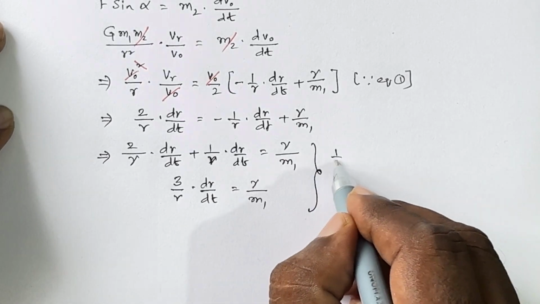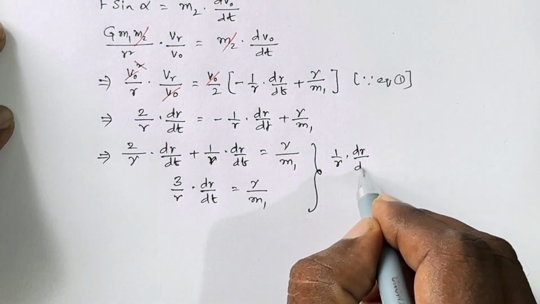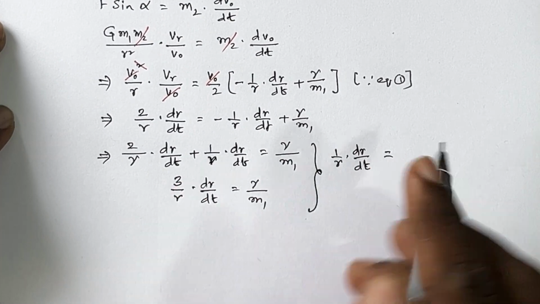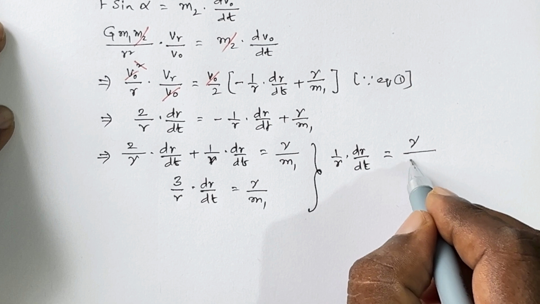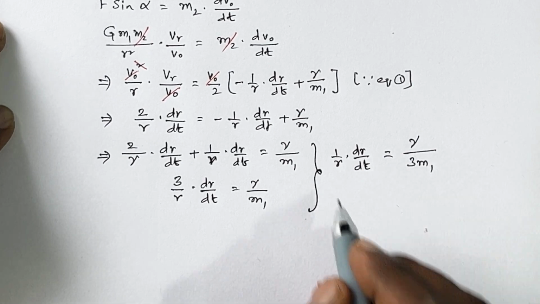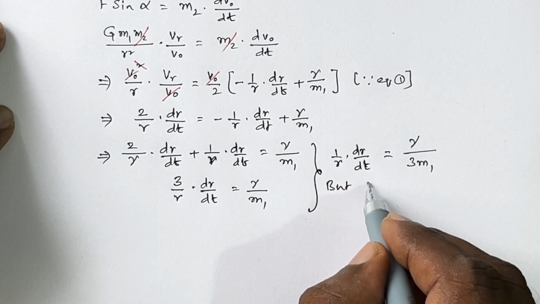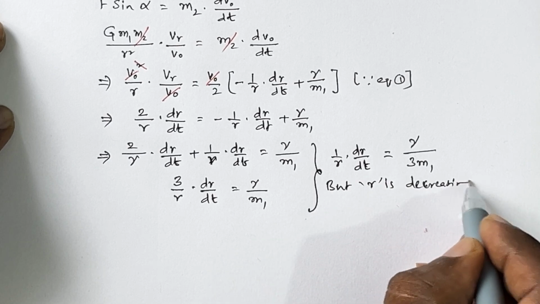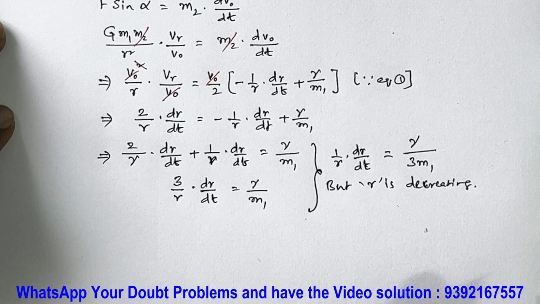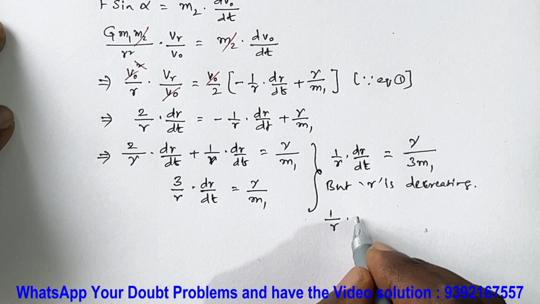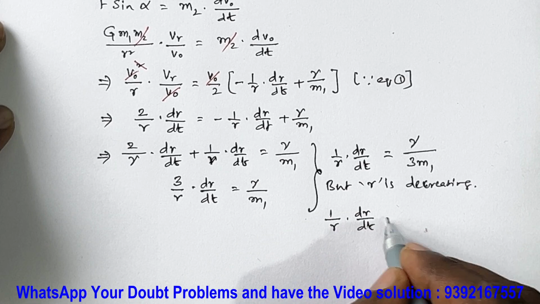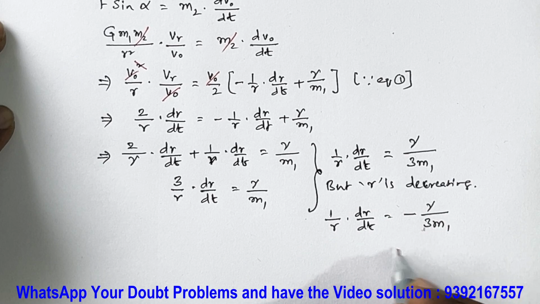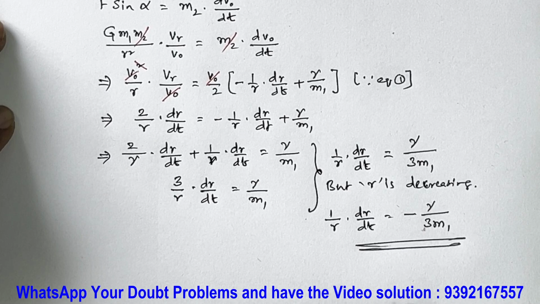So 1 by r dr by dt, the numerical value is gamma by 3m1, but r is decreasing. R is decreasing with time, so 1 by r dr by dt is negative, minus gamma by 3m1. This is the answer for our question.